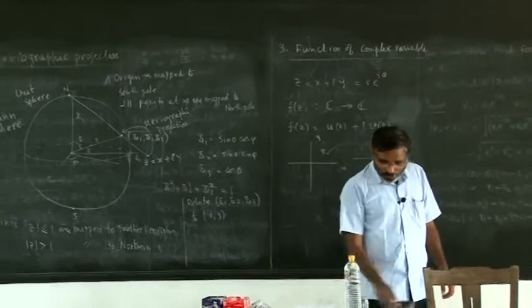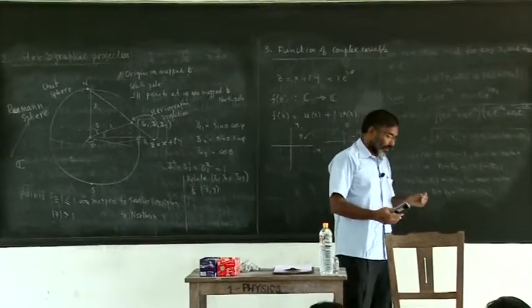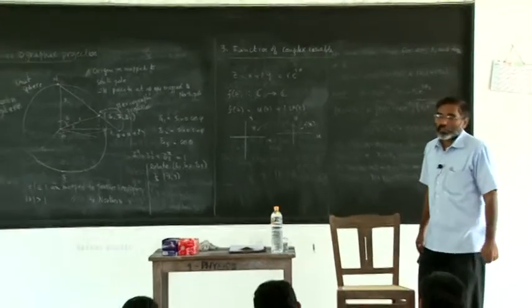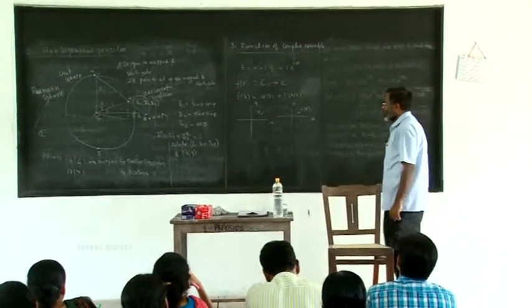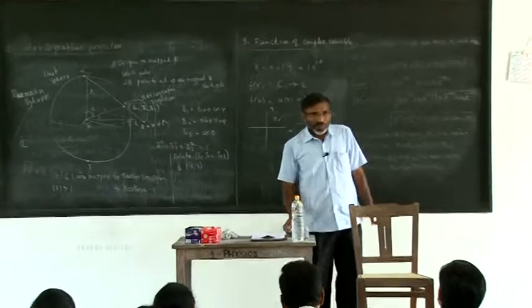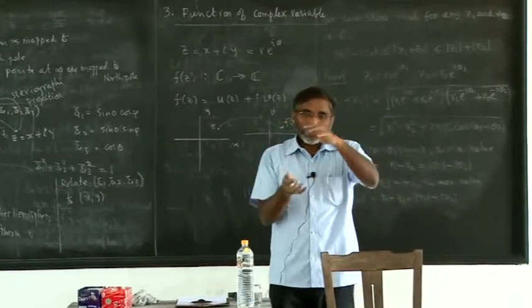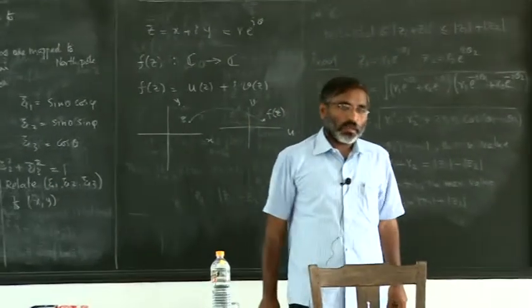We can define all those things that we know in real analysis. We can define limits, continuity, and derivatives in much the same way, except we have to keep in mind that here the limit, continuity, etc. will involve all directions in which you approach that point.